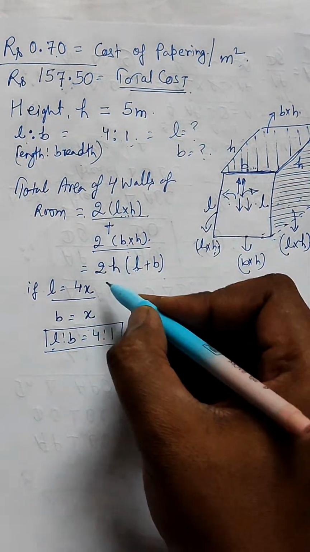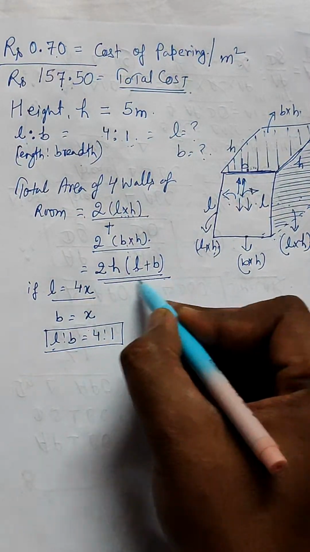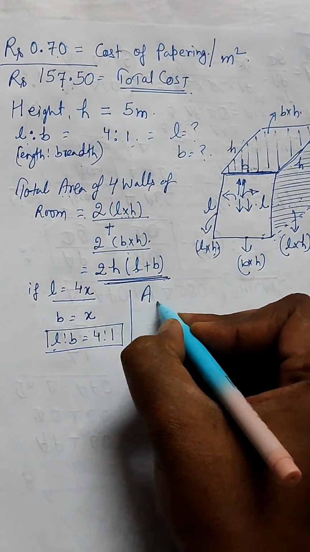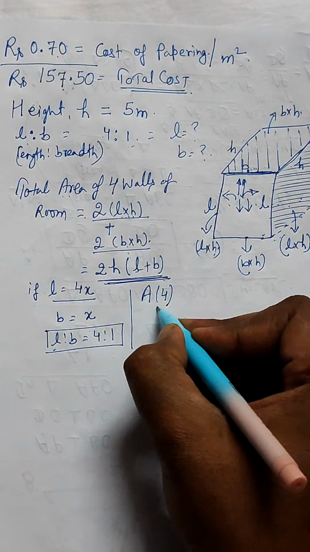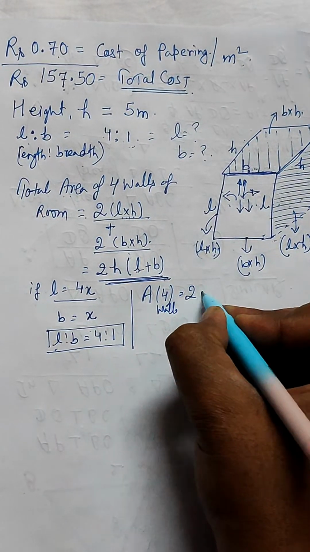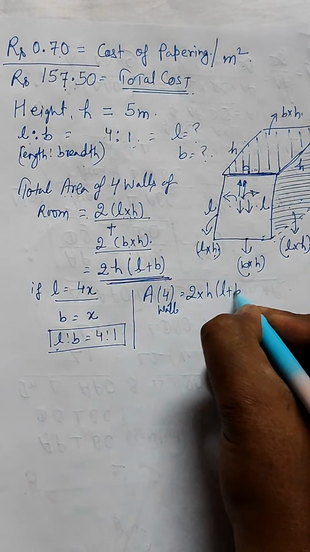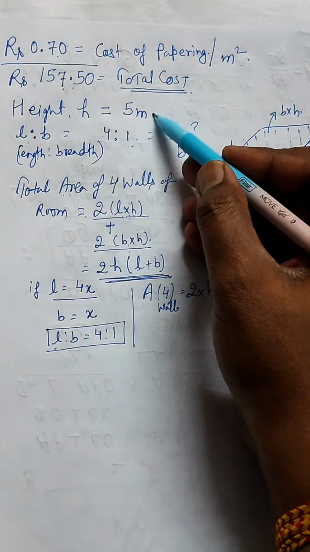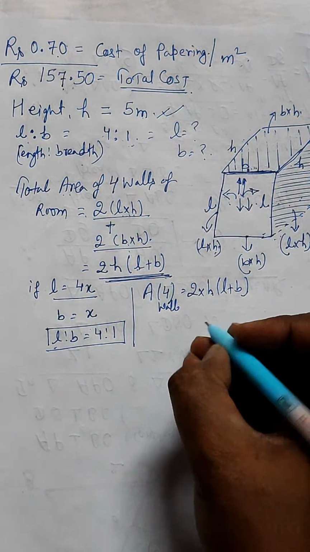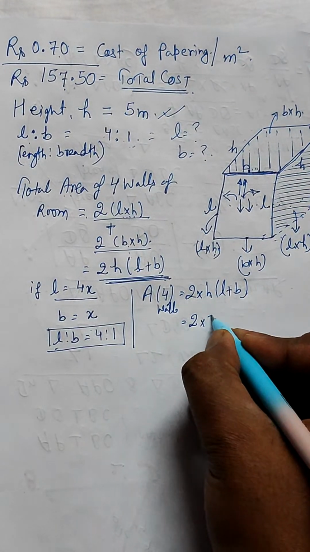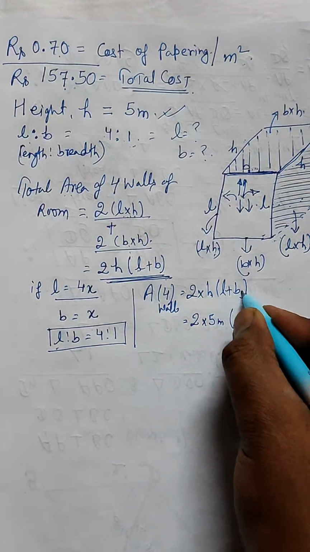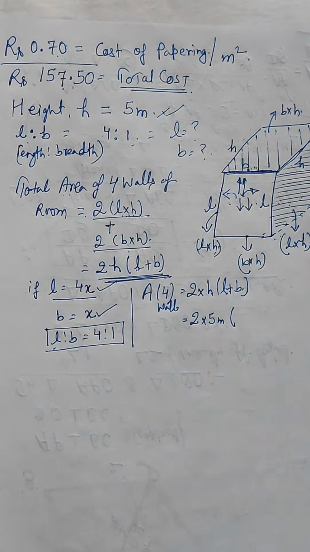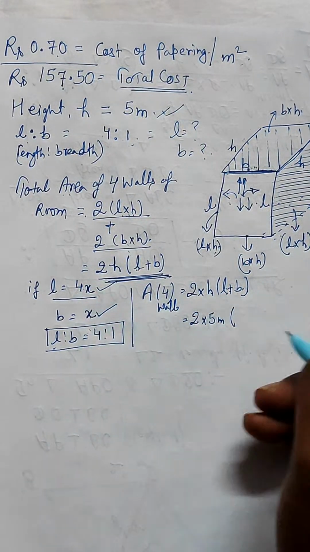Now just putting this into the total wall area, the area of 4 walls is equal to 2 into H into L plus B, right? And what is the value of H? It's given that height is 5 meter. Now put the value of height as 5 meter, 2 into L plus B, and the length is 4x and B is x, which we have assumed as per the ratio.